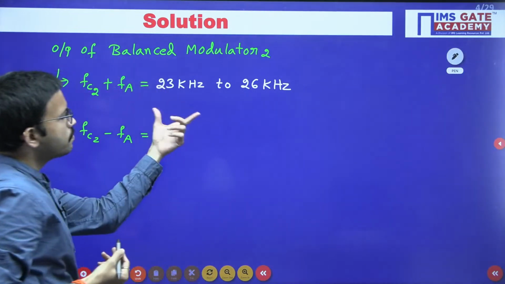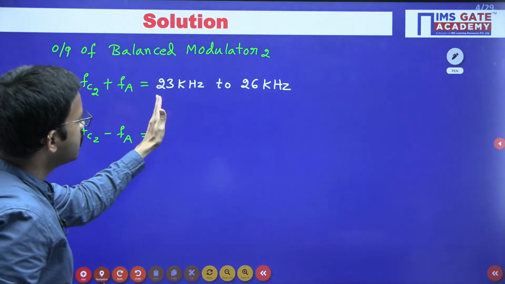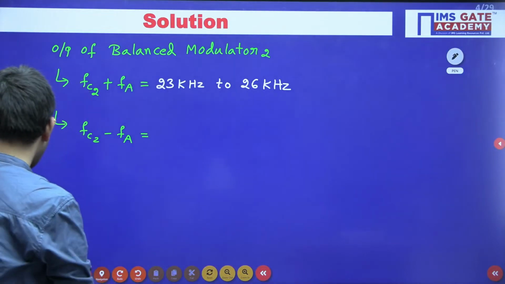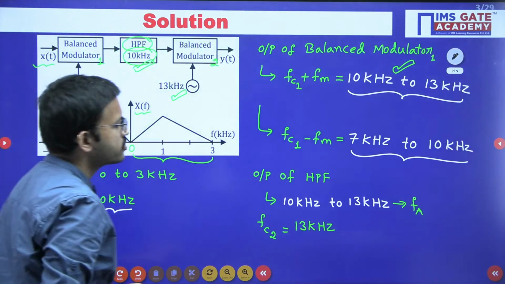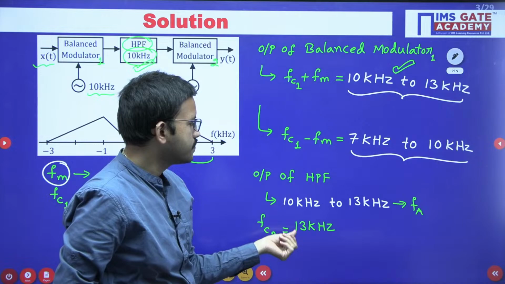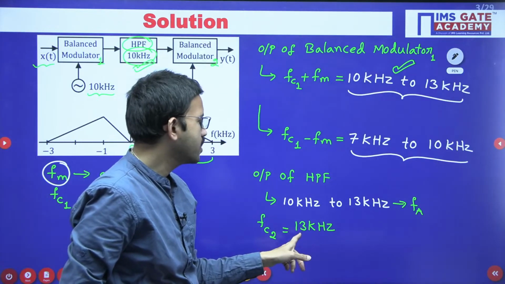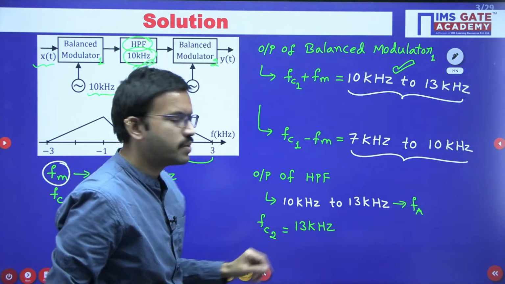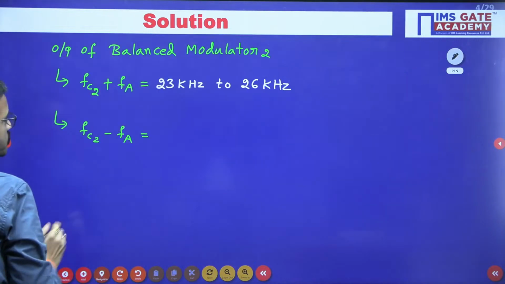This is one band of frequencies, 23 kilohertz to 26 kilohertz. Now you have to subtract. 13 minus 10, you will get 3 kilohertz, right? 13 minus 13 is 0. So we can write 0 to 3 kilohertz.